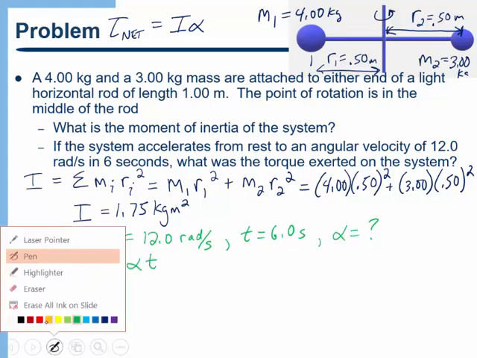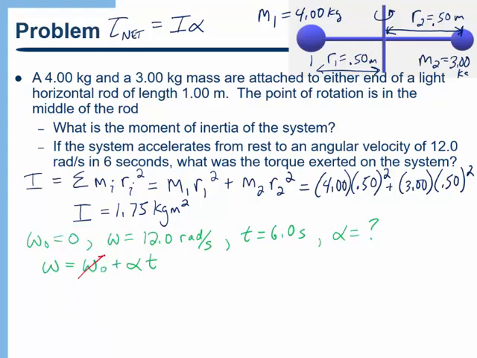We can see that omega naught goes away, and solving algebraically, I get alpha is equal to omega over t, or 12 divided by 6, which is 2 radians per second squared.